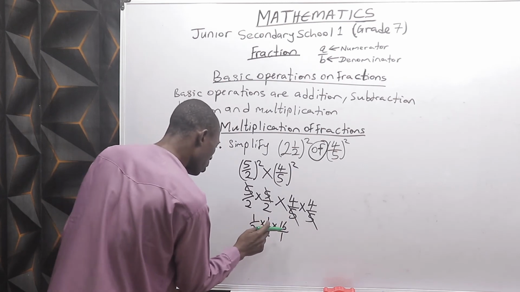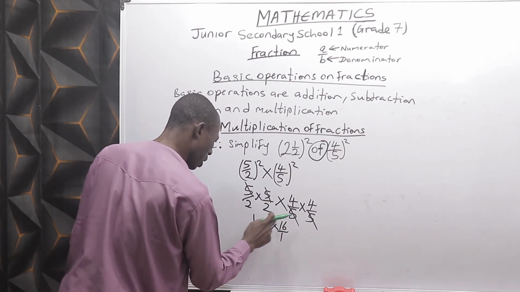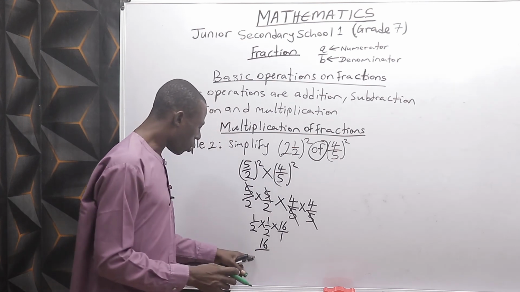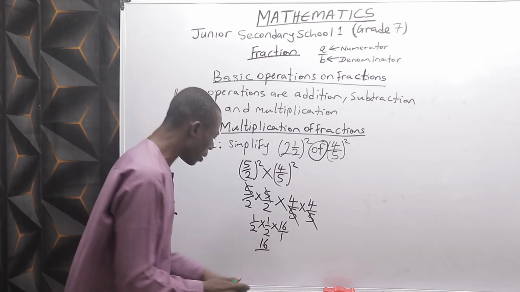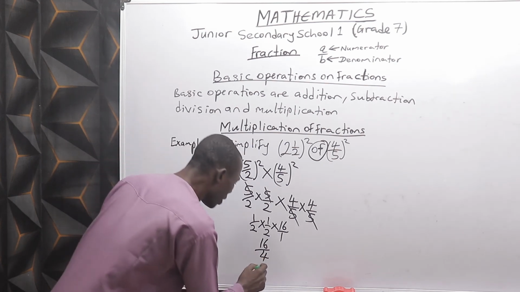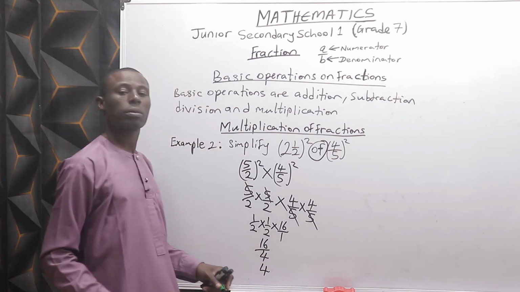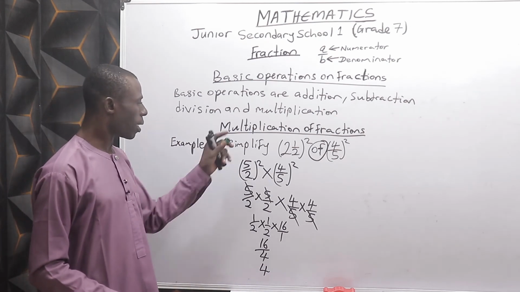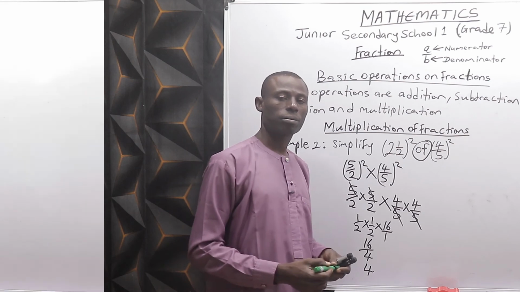So 1 times 16, that is 16, all over 2 times 2, that is 4. 16 divided by 4, answer is 4. Do you understand? So answer is 4. That is the end of that.